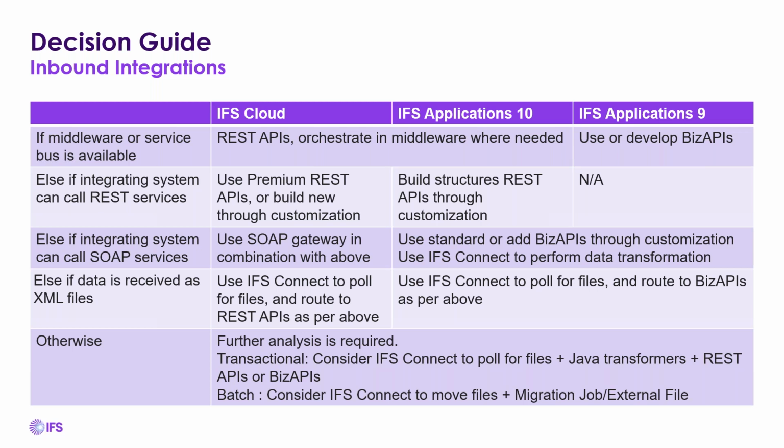In Applications 9, we need to develop these APIs through customization, unless there are any suitable ones out of the box. But otherwise, I'll lean towards using those APIs and doing all that orchestration, translation of data, etc. in the middleware. Else, on IFS Applications 10 and IFS Cloud, REST APIs are quite easy to develop as well, a lot easier than the old BizAPIs. So generally that's where I would be going.